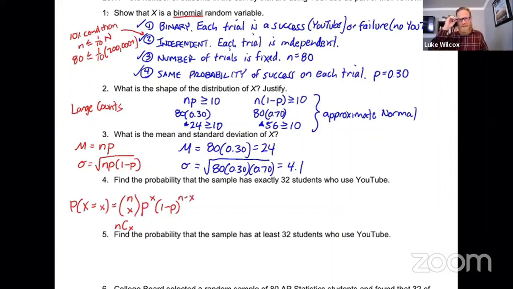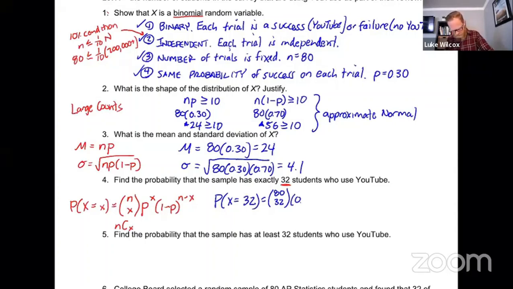So even though it looks kind of crazy, that formula, once you plug the numbers in, it seems to make quite a lot of sense. So let's see what it looks like for this particular problem, where we're trying to find the probability of 32 successes. So here's what it would say. The probability that x is equal to 32 successes. Well, according to the formula, we need to do this combination first, which is really just going to tell us how many different ways are there of getting 32 successes out of 80 trials.